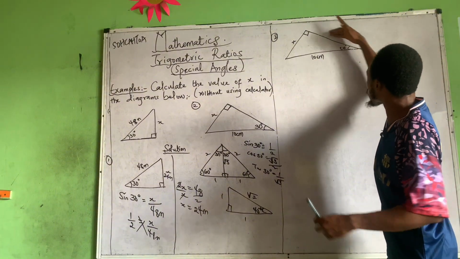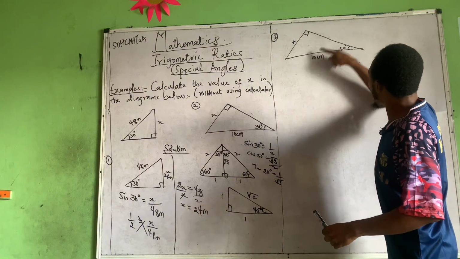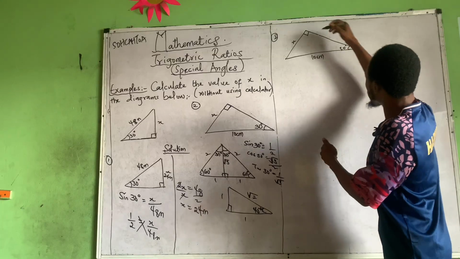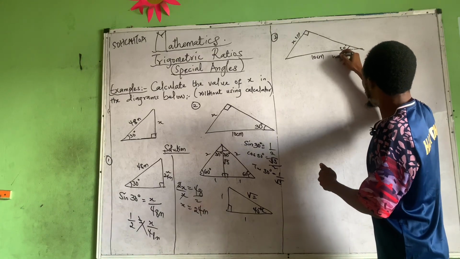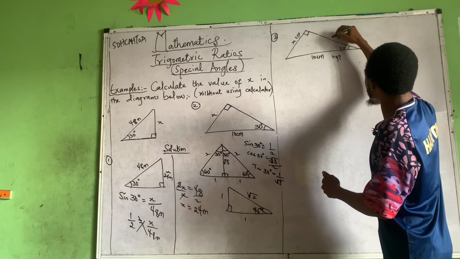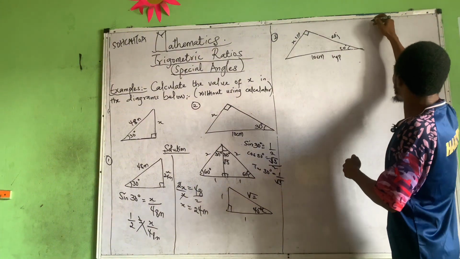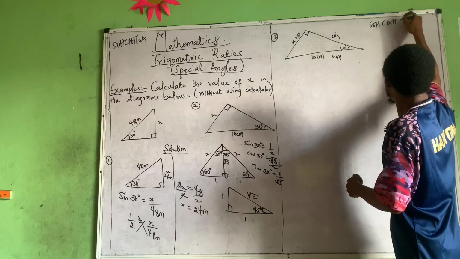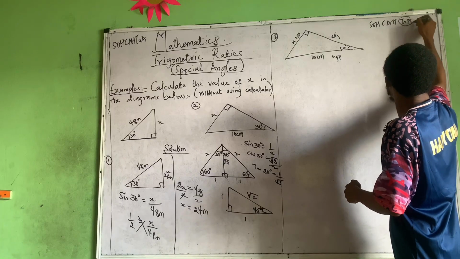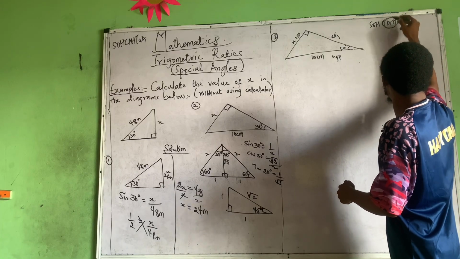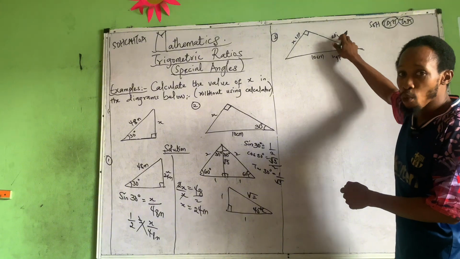So you cannot use the one that does not have these. Don't forget, this is opposite, this is hypotenuse, and this is adjacent. So we cannot use any formula that has adjacent in it. So out of the three, we cannot use cos or tan, because they both have adjacent in them, and we have no adjacent here.